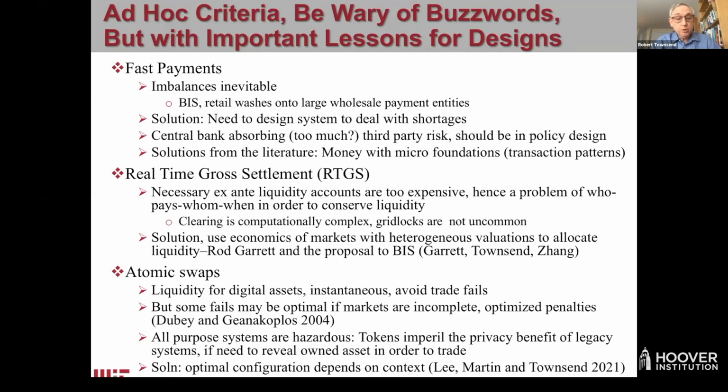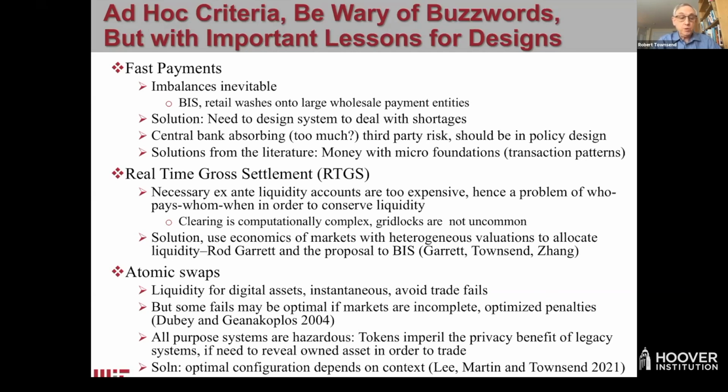The solution, of course, is to try to design a system not to eliminate the shortages per se, but to deal with the shortages. Related issue then is, should the central bank be the one absorbing all the third-party risk? That is an open question.